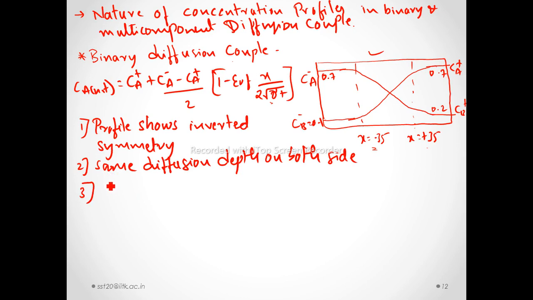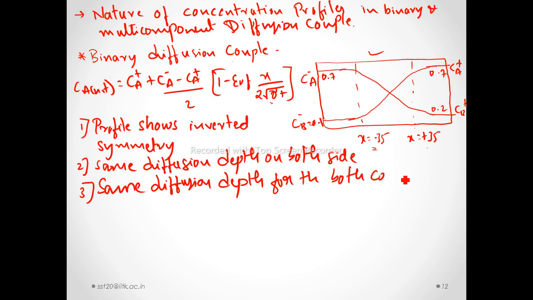Same diffusion depth is obtained for both the components. That means for the A component and the B component, diffusion depth is the same. Here some of the features have 0.35, and B has some other value.